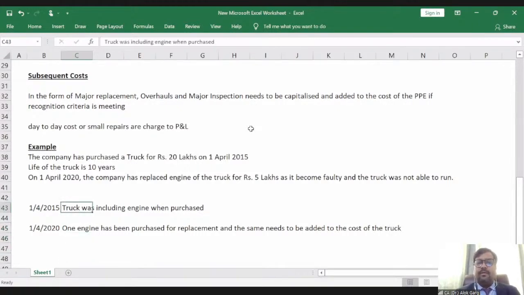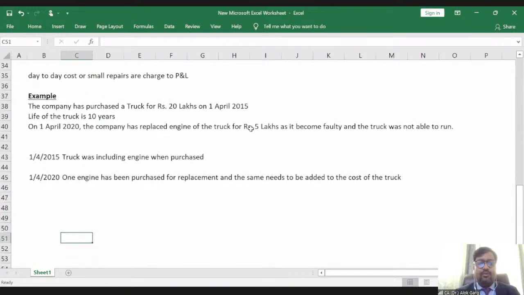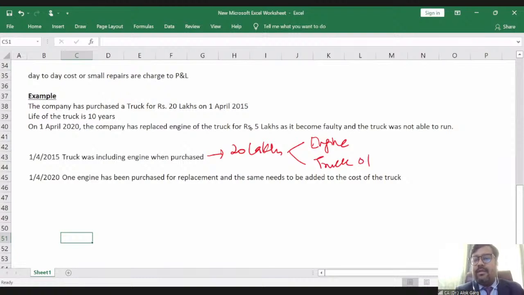Friends, the truck was purchased for 20 lakhs. Don't you think this 20 lakhs included the engine, of course, as well as the truck other than the engine, right?